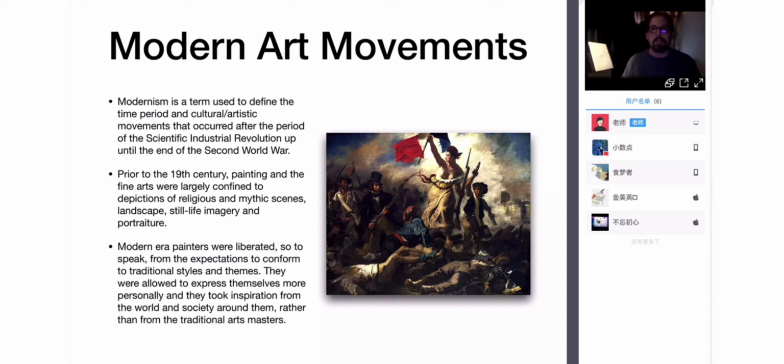Prior to the 19th century, painting and the fine arts were largely confined to depictions of religious and mythic or historical scenes, landscapes, still life imagery, and portraiture. So this is kind of an example, this painting here, of a historic battle scene.